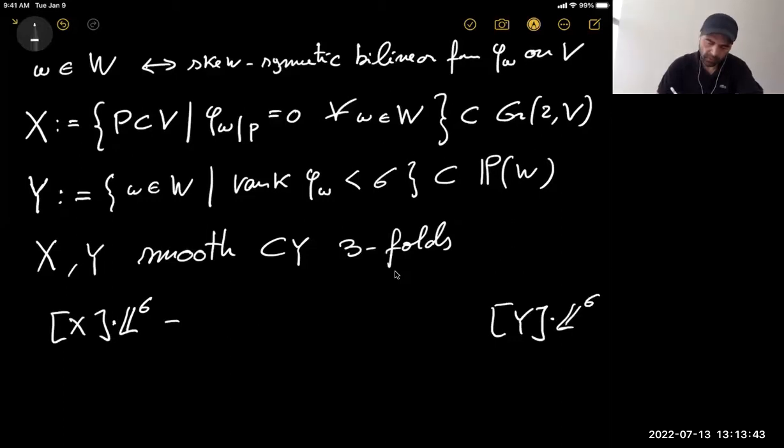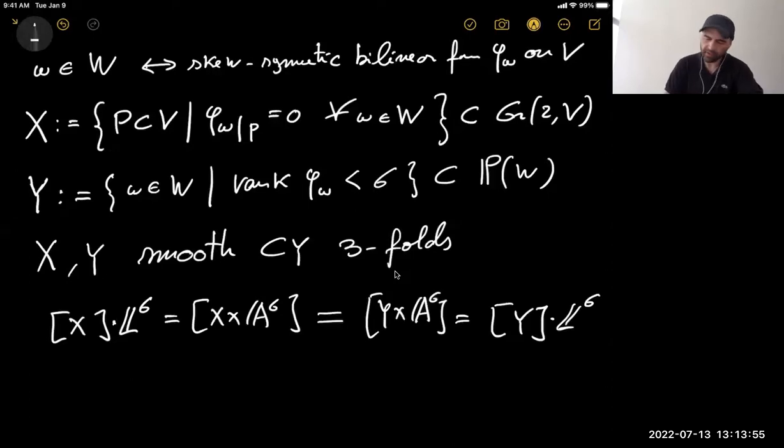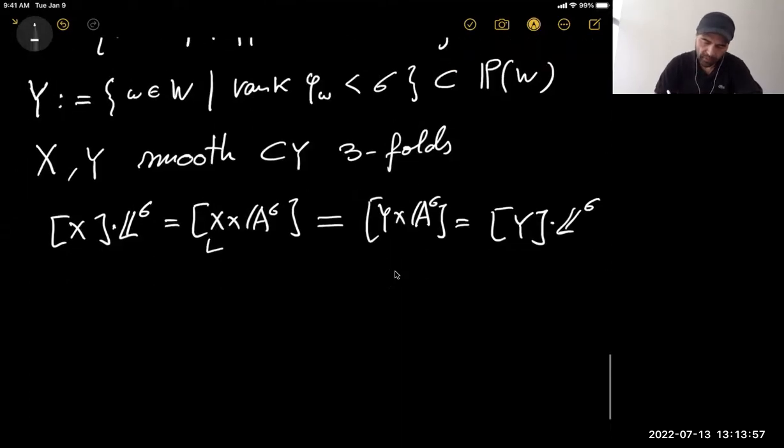In other words, concretely, when you cross with A^6, these two algebraic varieties have the same Grothendieck class, but interestingly, they are not piecewise isomorphic.